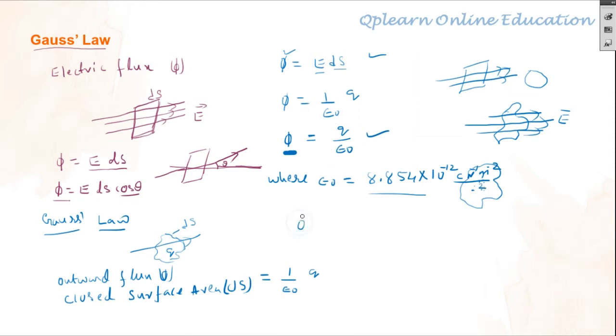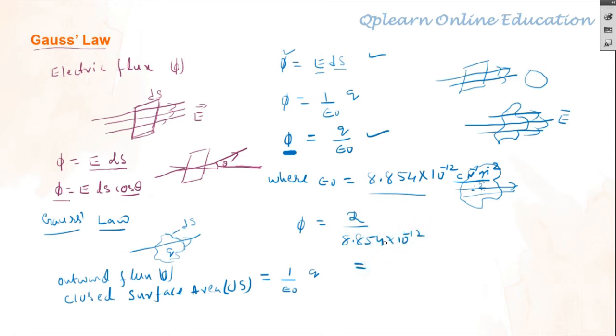So your flux is equal to the charge divided by epsilon naught. Suppose 2 coulombs of charge is enclosed in this area, and the outward flux is 2 divided by 8.854 times 10 to the power of minus 12.